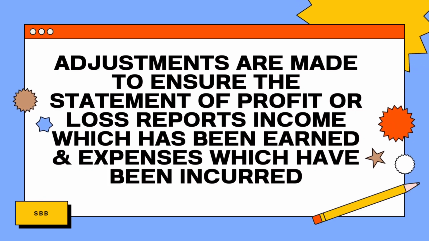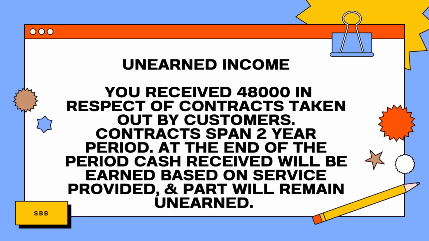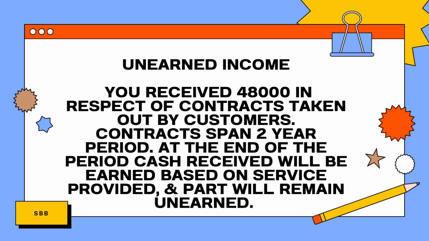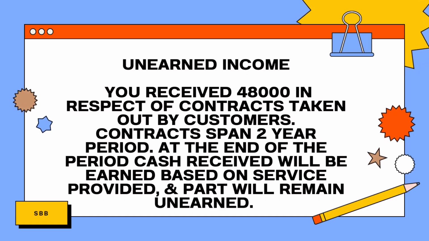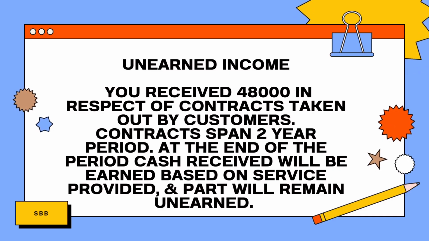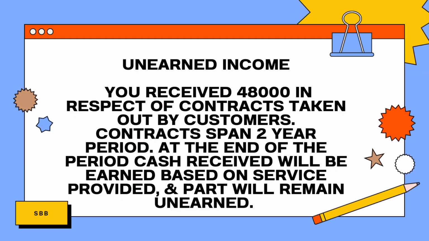So let's make an example with unearned income, which is cash received in advance, which is a liability because you have an obligation to provide a service for the cash you've received. So you received 48,000 in respect of contracts taken out by customers, let's say, and the contracts span a 2-year period.